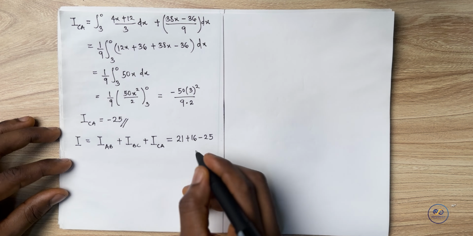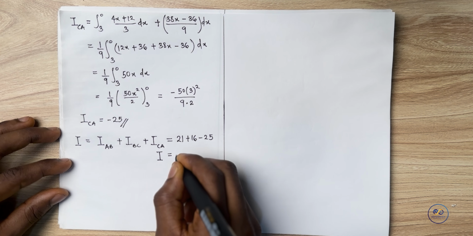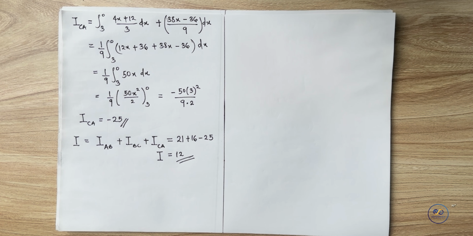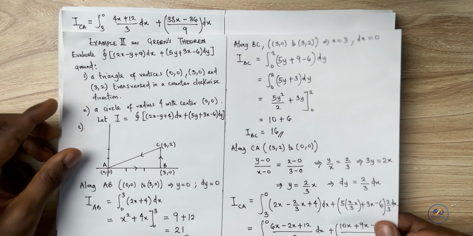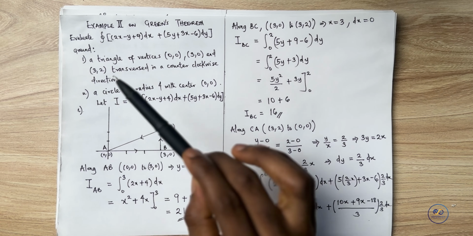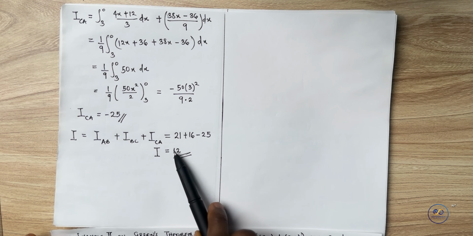So in final result, this I would simply be 12 as our final answer. That tells us that the evaluation of the integral along the triangle of vertices (0, 0), (3, 0), and (3, 2) traversed in the counterclockwise direction will indeed give us 12 as a result.